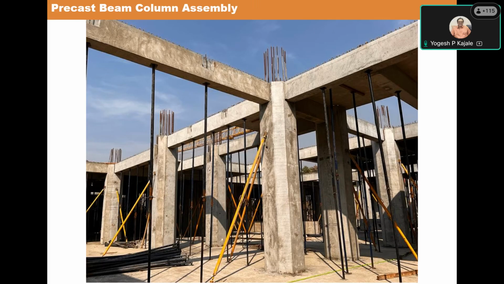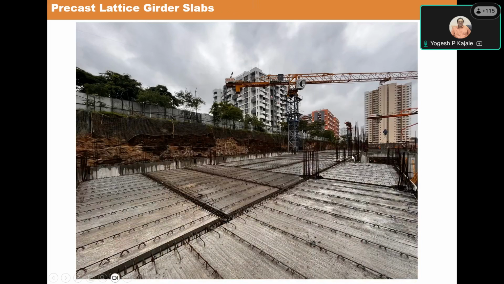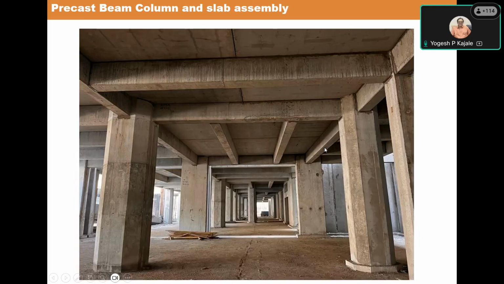From the column, you see the reinforcement projecting out that gets anchored into the core of the upper story column. So we get a proper reinforcement continuity from one element to the other element. On this precast slab, the screed concrete will be laid after placing the reinforcement.